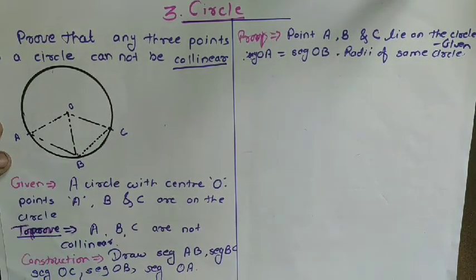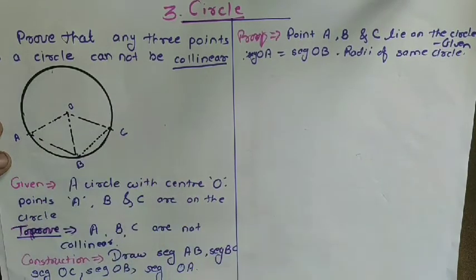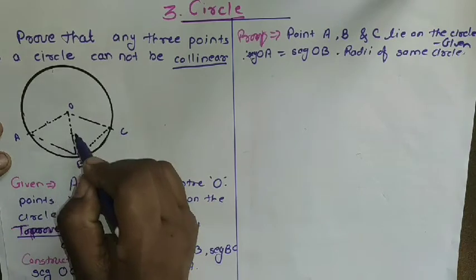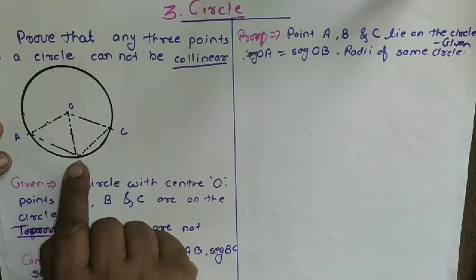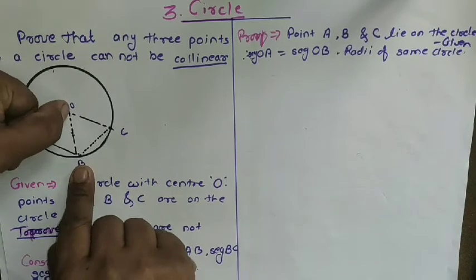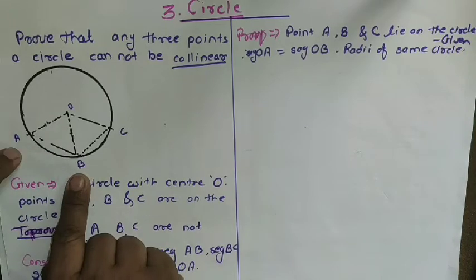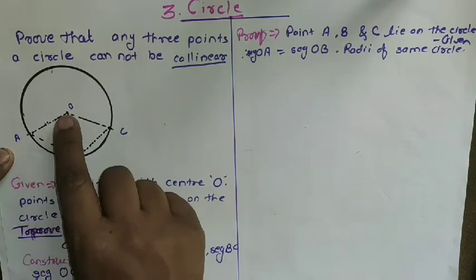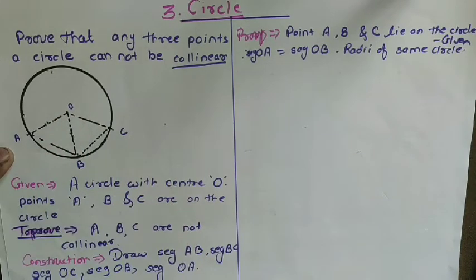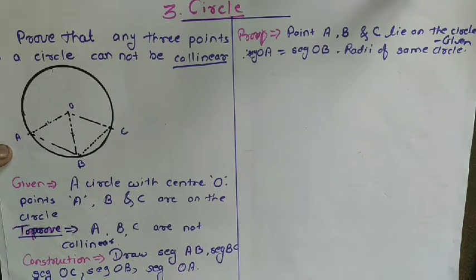If OA is equal to OB, means these two measures are the same, then this point O lies on the perpendicular bisector. If I draw the perpendicular from O to seg AB, then point O lies on the perpendicular bisector of seg AB.